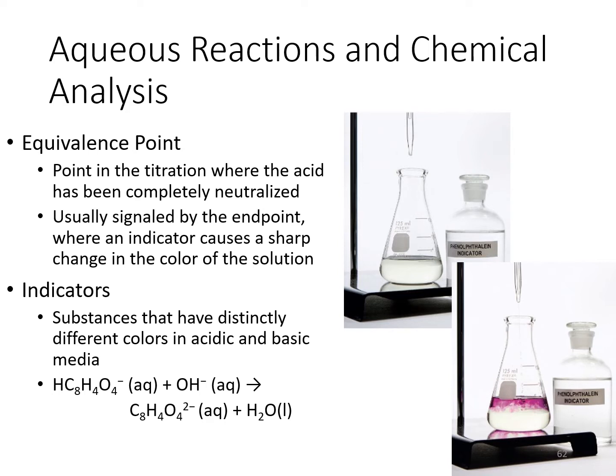So if you have an acidic solution and all of that is neutralized with a base, it will then turn pink, or vice versa, the pink would go away, depending on which solution you're titrating, whether it's an acid or a base. And this is trying to indicate where the equivalence point is.